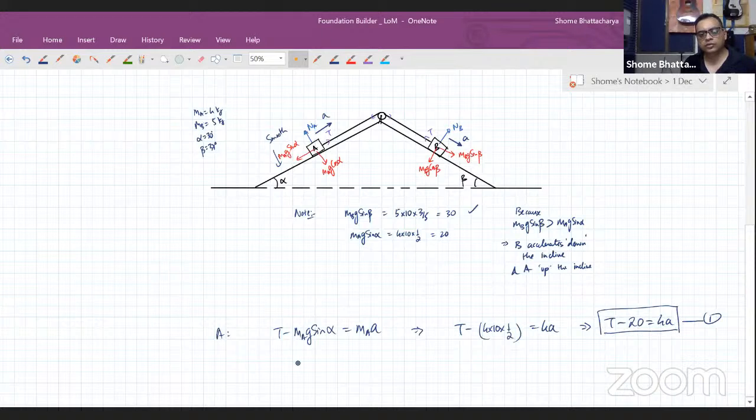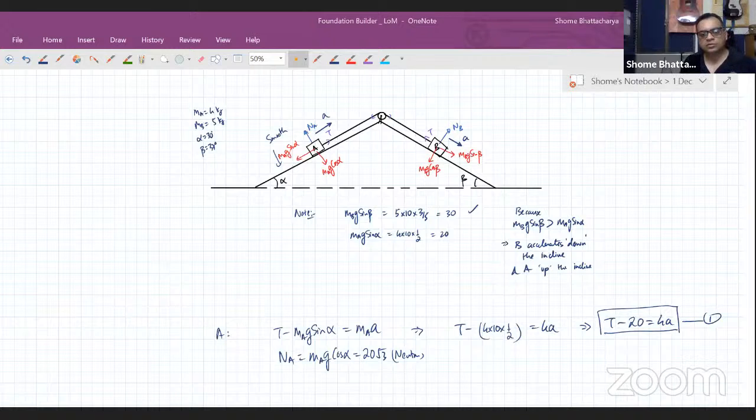And of course, along the perpendicular direction, the normal reaction is balancing the weight's cos component. So when you work out, it will come out to be 20 root 3 newtons. Now similarly for B, yes, that's correct. Kunj Modi, your answer is correct. g by 9, or 10 by 9, so that's 1.11.